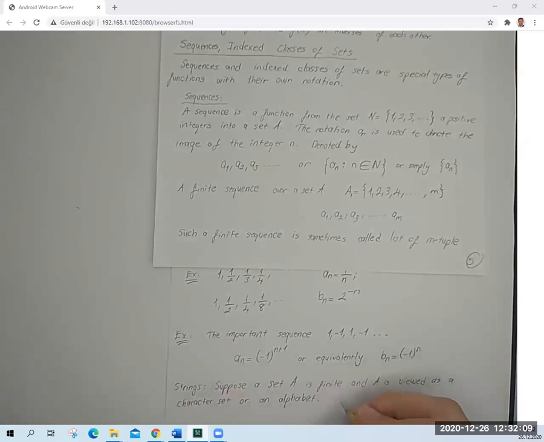So this sequence is called a string or word.